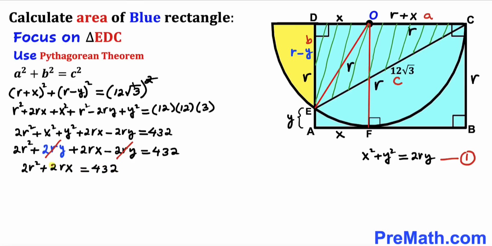And now we can see all of these terms are divisible by 2 across the board. So let me divide this one by 2, divide this one by 2, and this right hand side by 2 as well. So this equation is going to become r square plus r times x equal to 216. Let me call this our equation number 2.